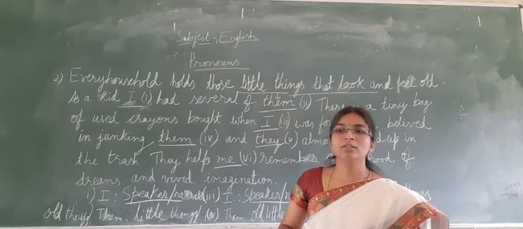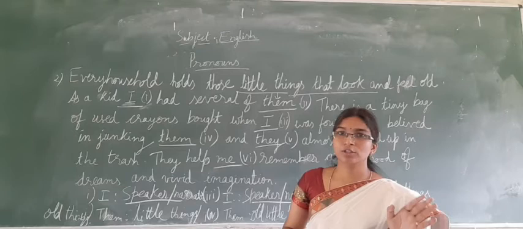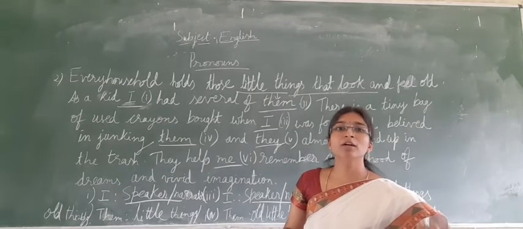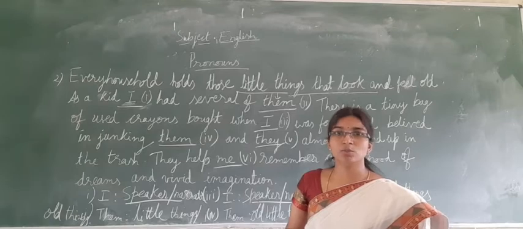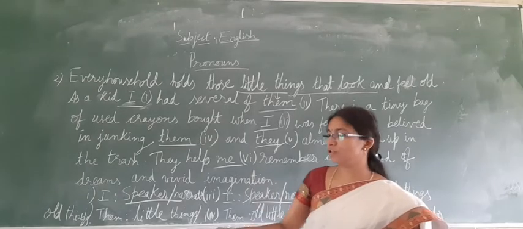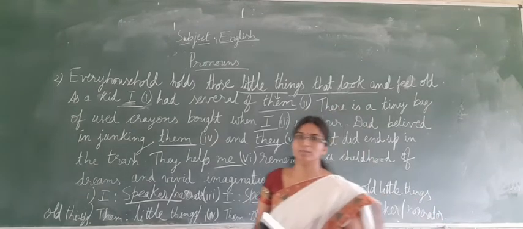And if it gives the same meaning, then the noun you used to refer to the pronoun is correct. So this is your second example. So we shall move towards the next example.